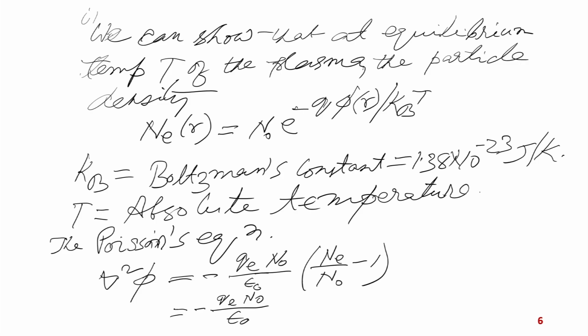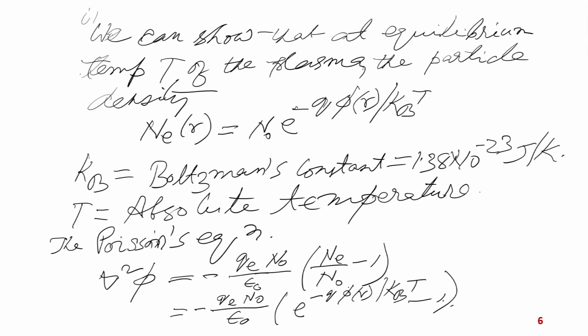Then I will substitute from this equation for n e by n 0. n 0 I have already taken here, so n 0 will not be there. So, it will be exponential e to the power q phi of r by k b into T minus 1.